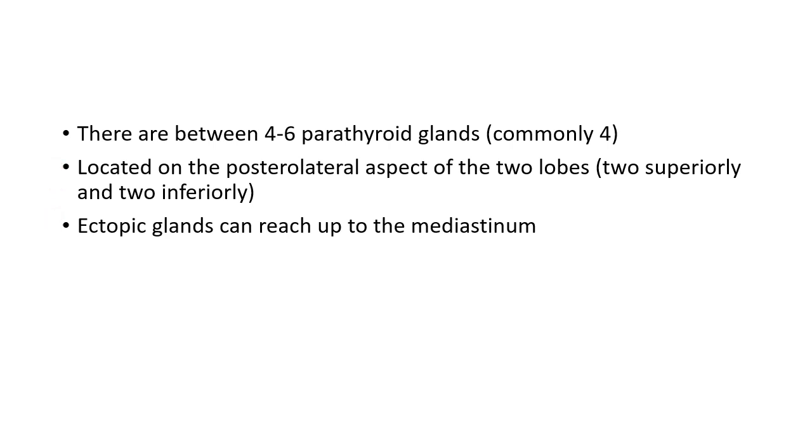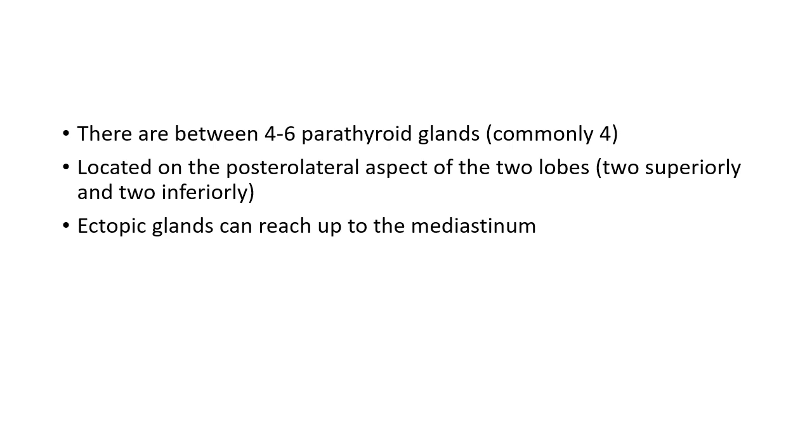What's also unique about the parathyroid glands is that the superior parathyroid glands have a different origin than the inferior parathyroid glands. Okay? The inferior parathyroid glands actually originate from the pharyngeal arc, and they descend, much like the thyroid gland, into the inferior portion of the thyroid gland.